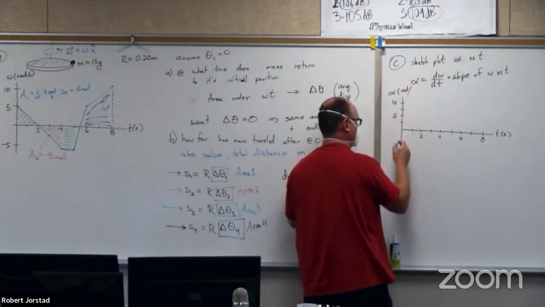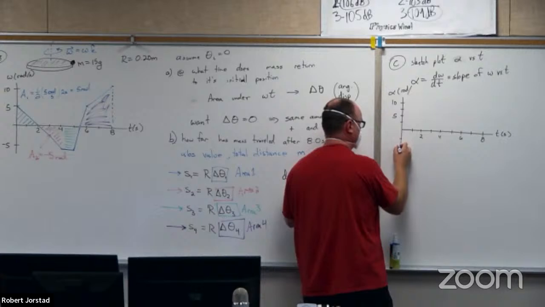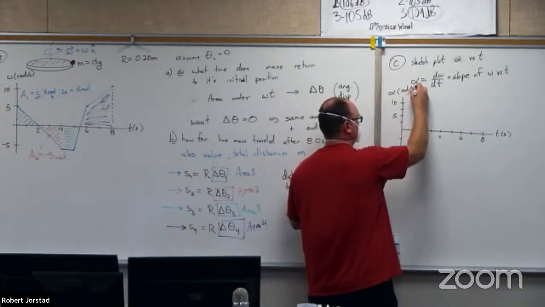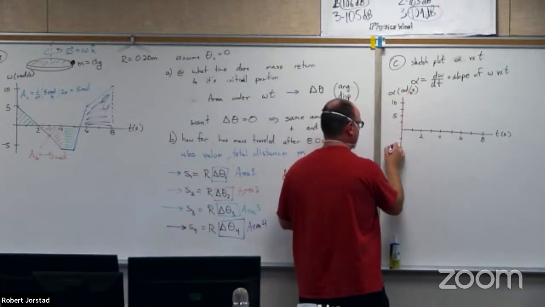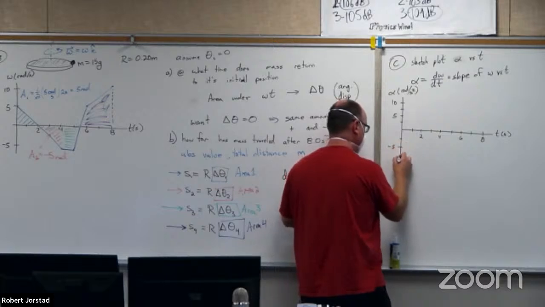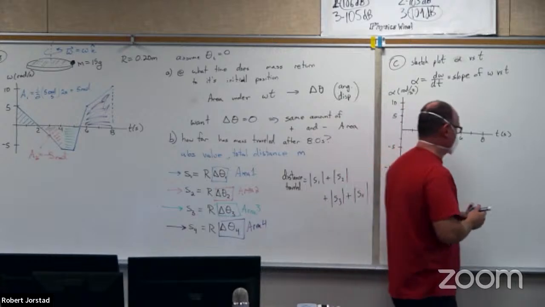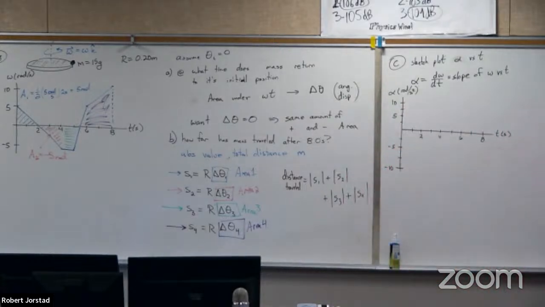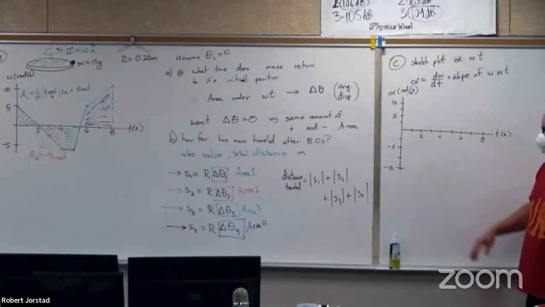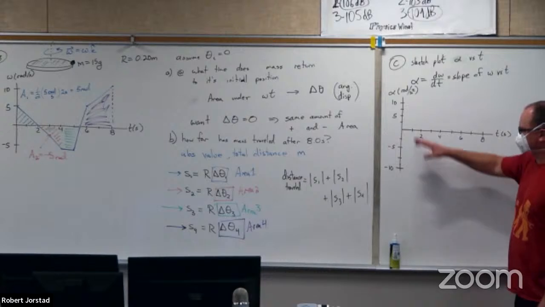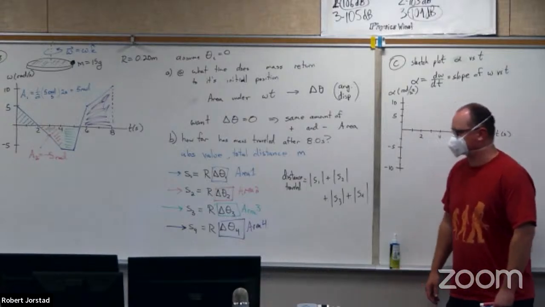What are the units for alpha? Radians per second squared. Yes, good. I'm just going to go like this. I have no idea. I think this will get the job done, but I'm not sure. Apologies if it's not perfectly symmetric here. Probably could draw it a little bit more perfect, but I didn't.